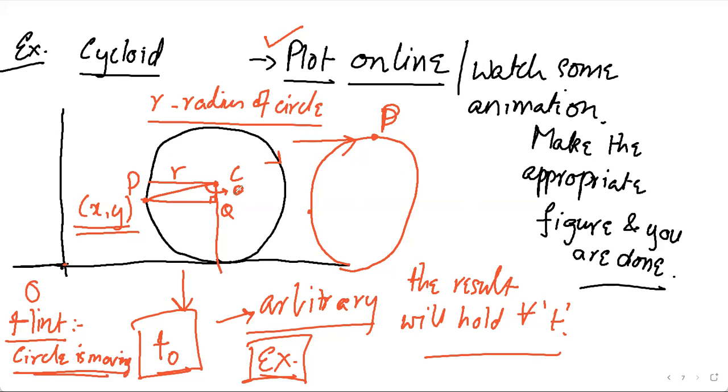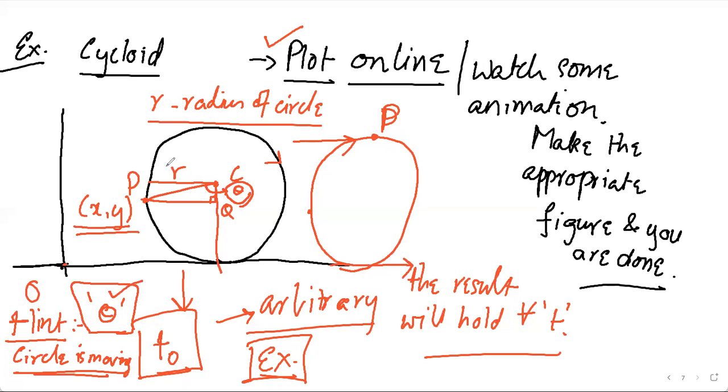However, it is indirectly hidden that the circle is moving because theta would change. So find something in terms of theta, because this theta would ensure that the circle is moving along the x-axis.